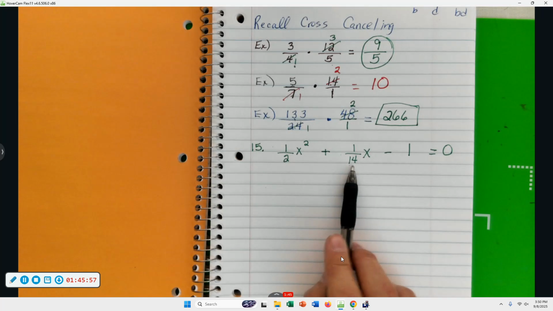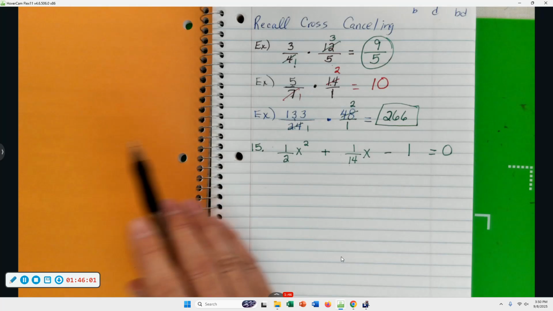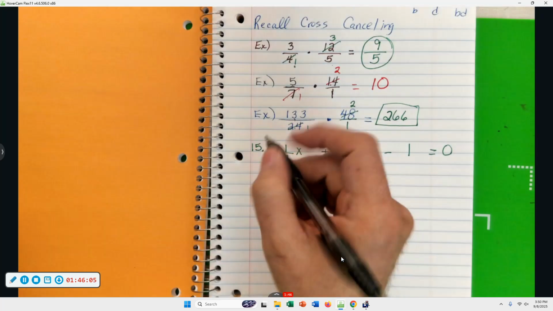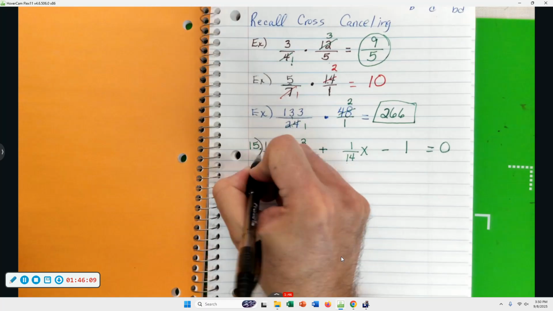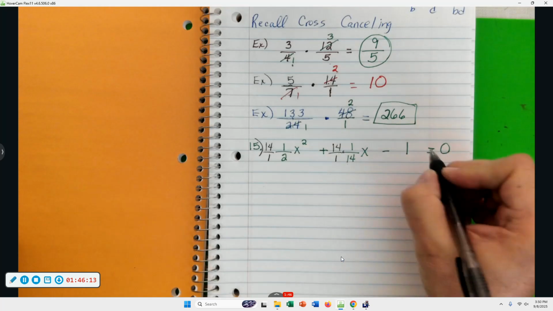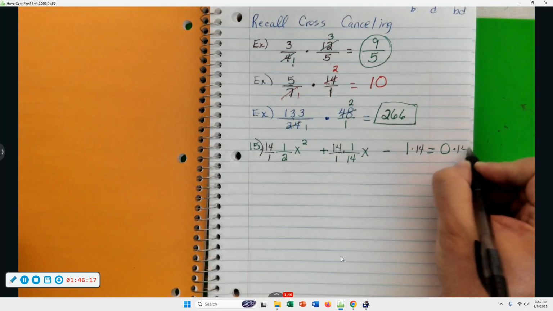I'll give you a hint. It's not the 2. It's called the least common denominator. When you're adding and subtracting fractions, you use the same number you would if you were trying to get a common denominator. The least common denominator would be 14.